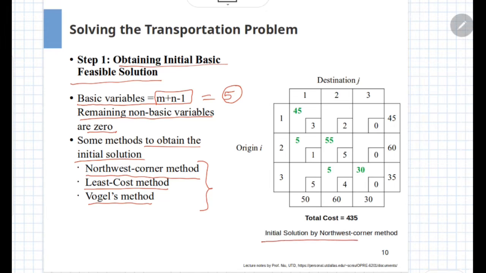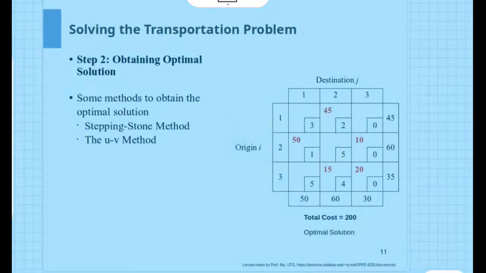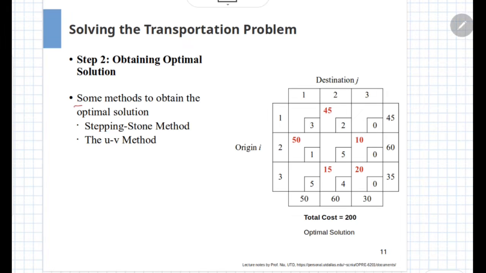The figure here shows the initial solution obtained by the northwest corner method. We can verify here that there are 1, 2, 3, 4, 5 basic variables, and the solution for the transportation problem is initiated with these numbers. The next step is to find the optimal solution with the least cost. For obtaining the optimal solution, again there are different methods. Some of the methods described in the handout are the stepping stone method and the UV method.